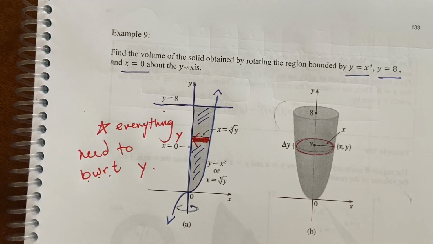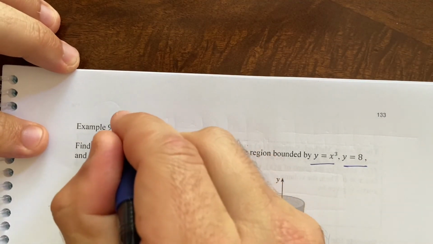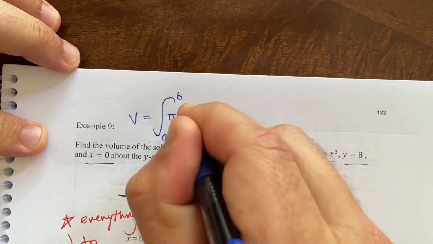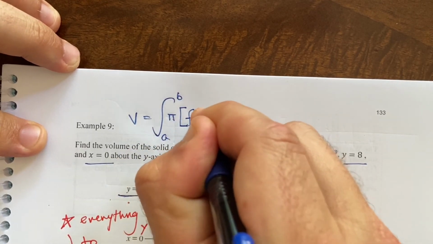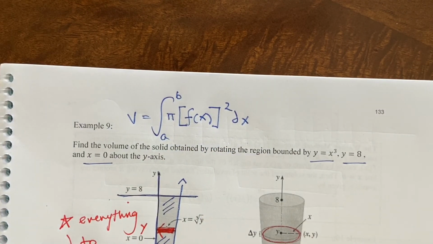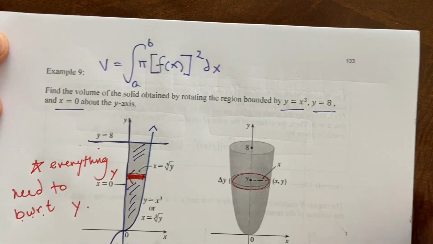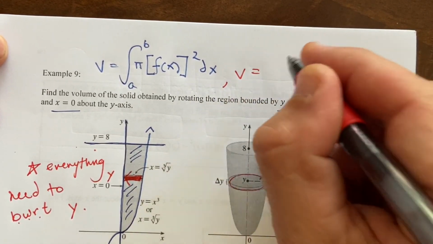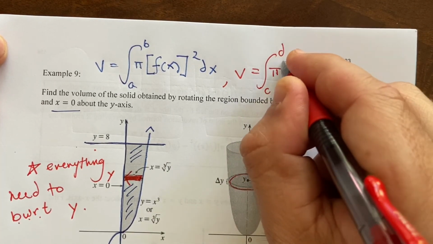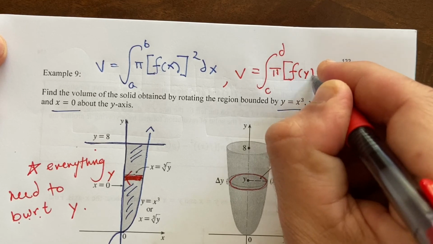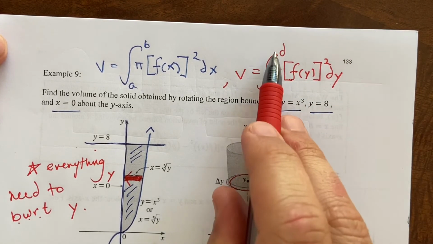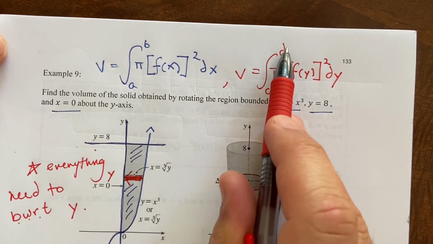My formula was that the volume equals the integral from a to b of pi times the function of x squared times dx. In this case, so that everything gets transferred to y, the volume will be the integral from c to d of pi times some function of y squared times dy. So these limits are y limits. They are not x limits.